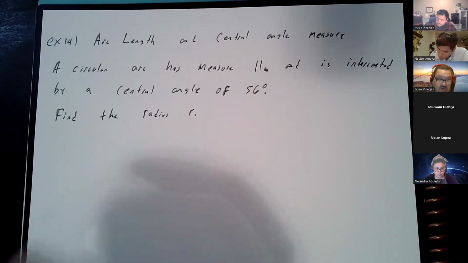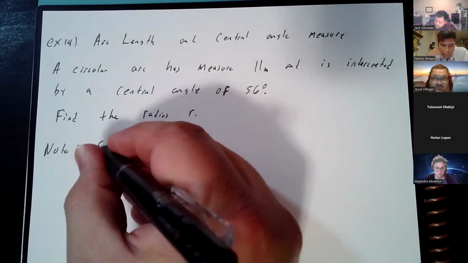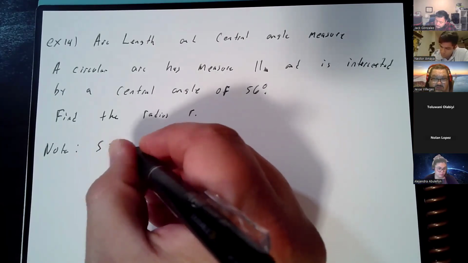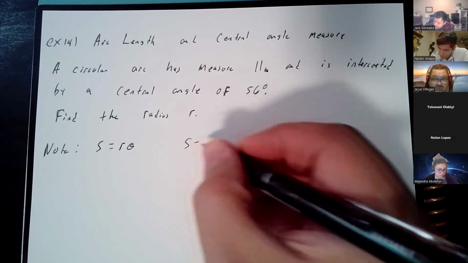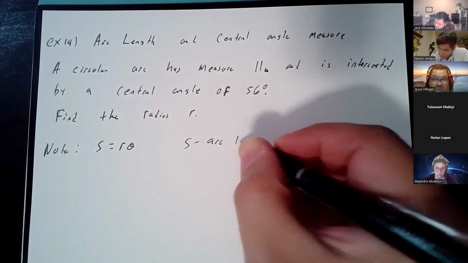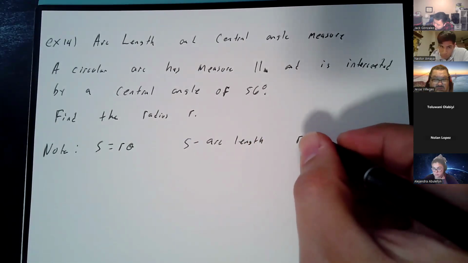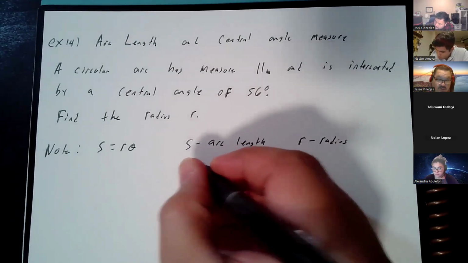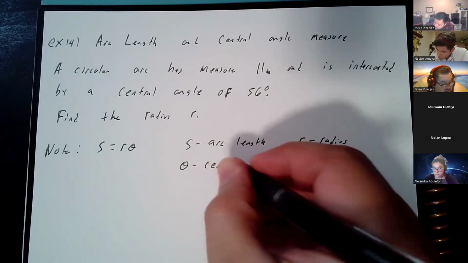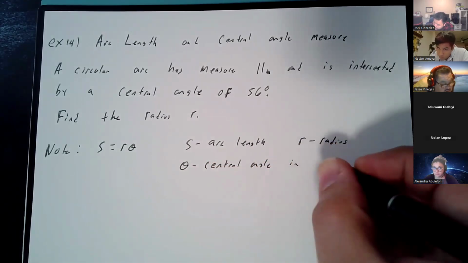So the formula we're going to need is this. S is equal to r theta. S is arc length. R is radius. Theta is your central angle in radians.